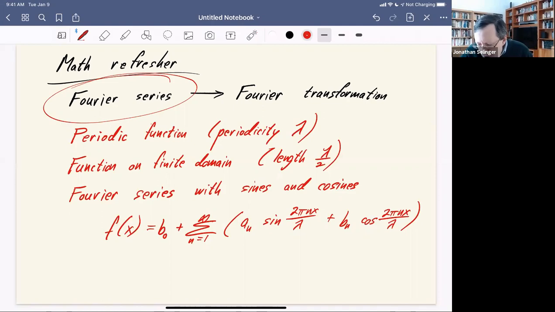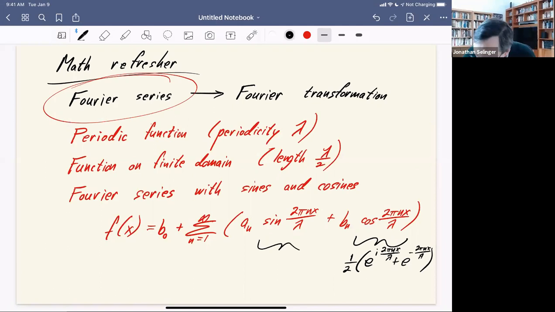Now, we could also write the Fourier series with complex exponentials instead, because, as you know, the sine and cosine are combinations of complex exponentials. So this cosine is 1/2 of e to the i 2 pi n x over lambda, plus e to the minus i 2 pi n x over lambda.